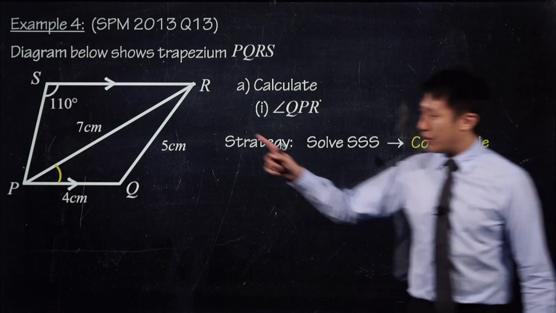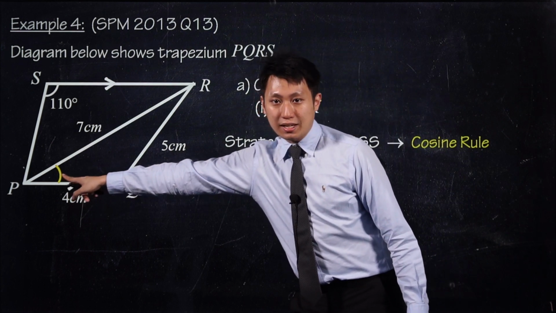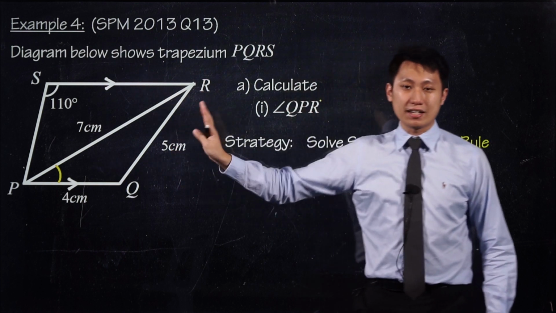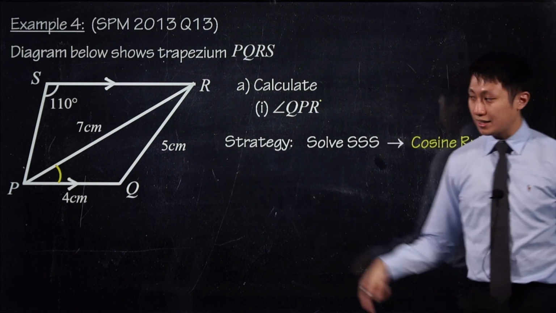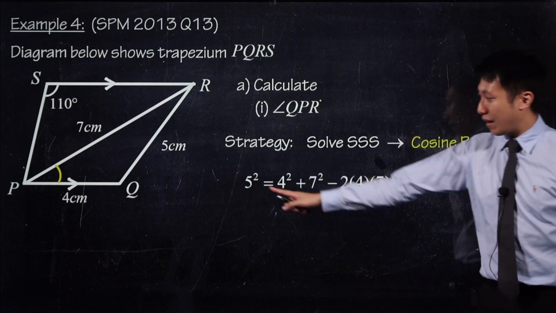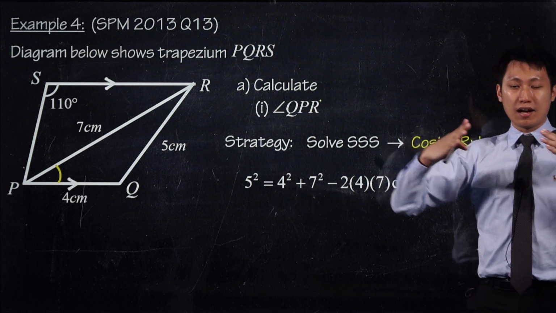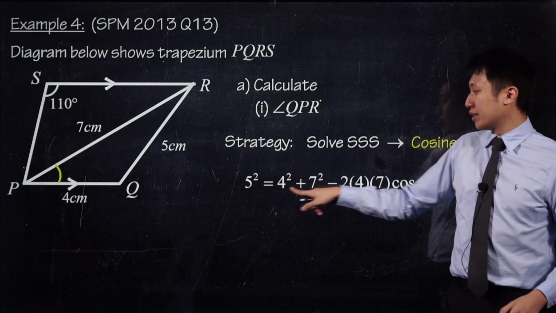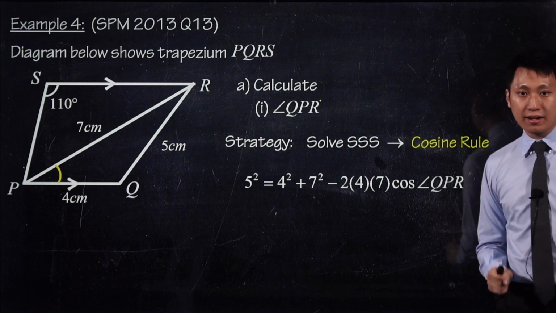If you want this one, it means that this opposite side should be the square on the left hand side, right? The something square is equal to something something. So this one should be on the other side. So let's see. 5 square is equal to 4 square plus 7 square, the two sides that surround the angle, minus 2 times 4 times 7 cosine of that angle.